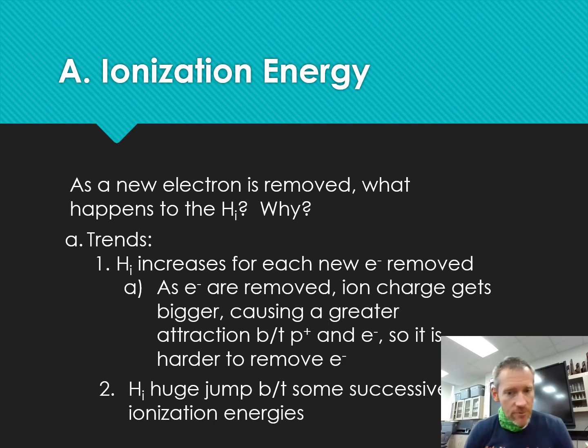There are huge jumps between successive ionization energies. That's when it removes its valence electrons, and then it has a new shell, a new energy level of full electrons. So that is why you have a big jump at those levels.